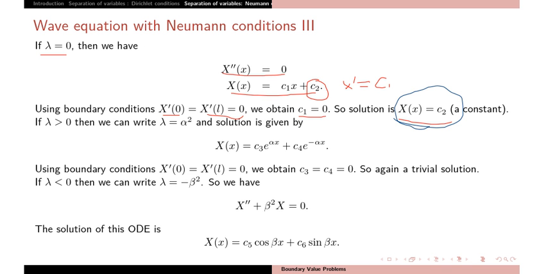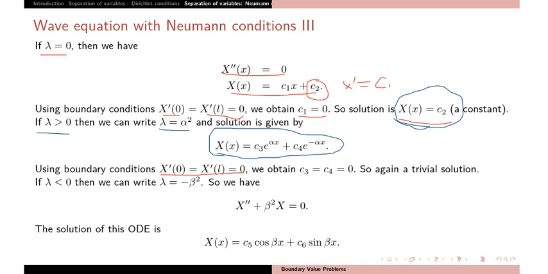One addition is here. Secondly, if lambda is positive, I am writing lambda equal to alpha square. So the solution will be c3 e power alpha x plus c4 e power minus alpha x. Differentiate it and use the boundary conditions.